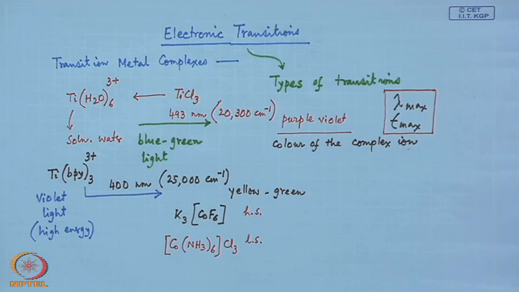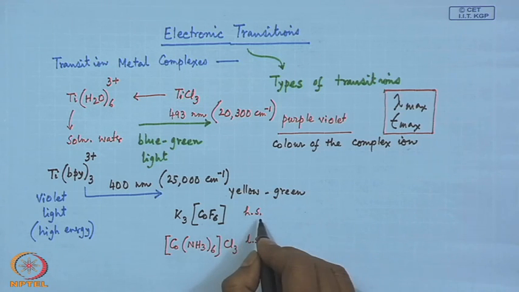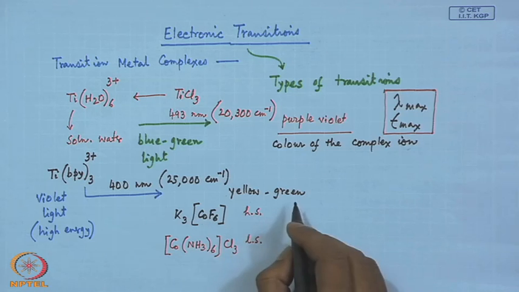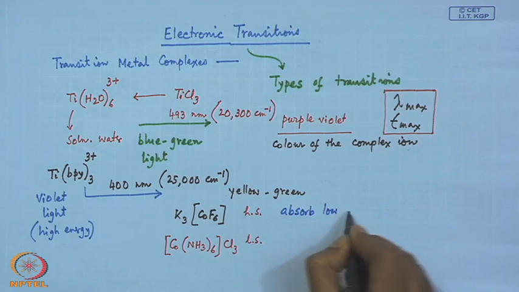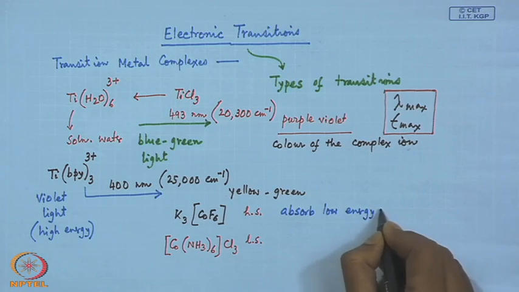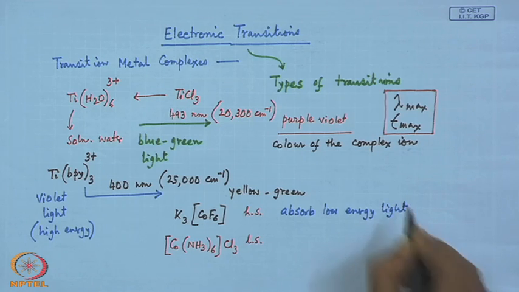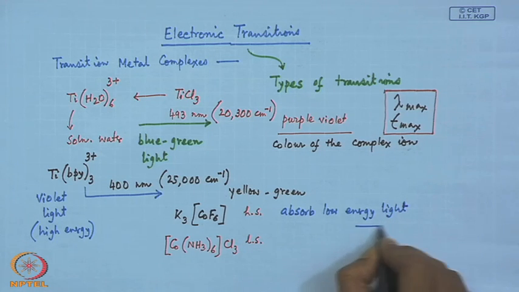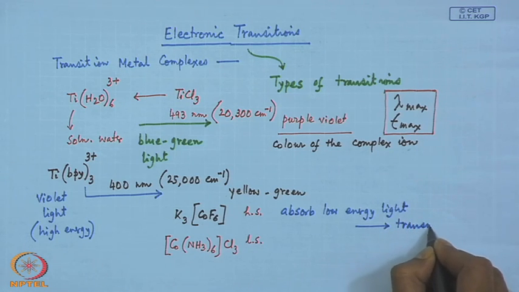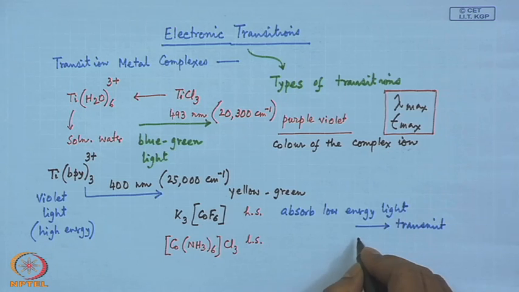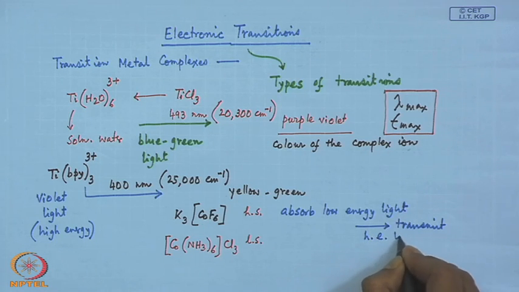So, electronic transitions will take place at different wavelengths. So, in this particular case, since it is high spin in nature, it will absorb low energy light, it will definitely absorb the low energy light and therefore transmit the corresponding high energy light.